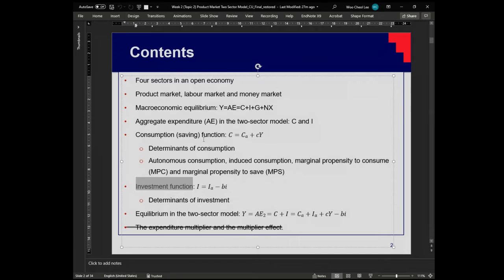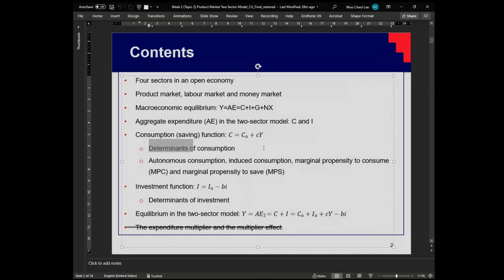No worries if you don't know the word function; it just means what determines consumption, the determinants. What factors determine the amount of consumption? Investment is the same: the investment function tells us which factors decide the amount of investment in the economy.